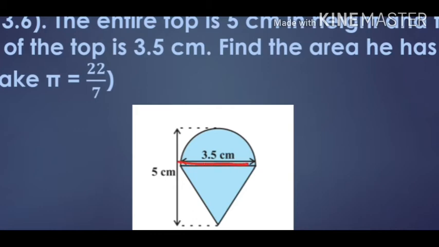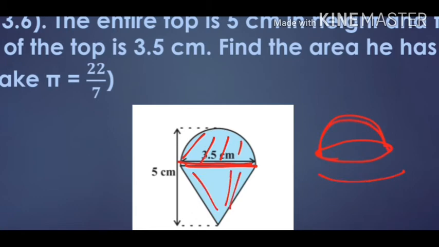If you divide it along this line, you will get a hemisphere from here, and from this part you will get a right circular cone.